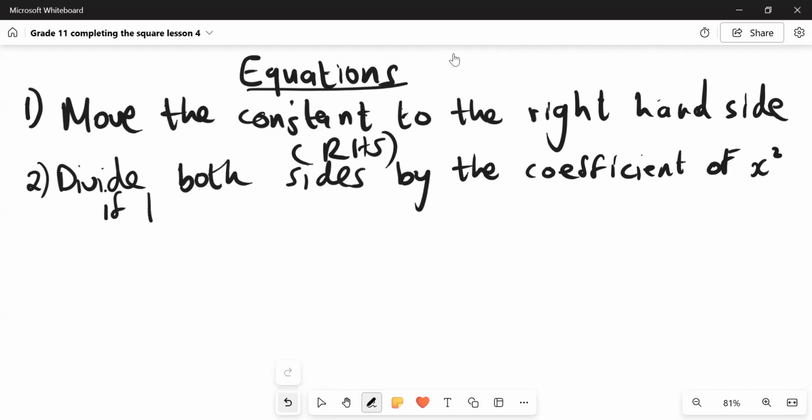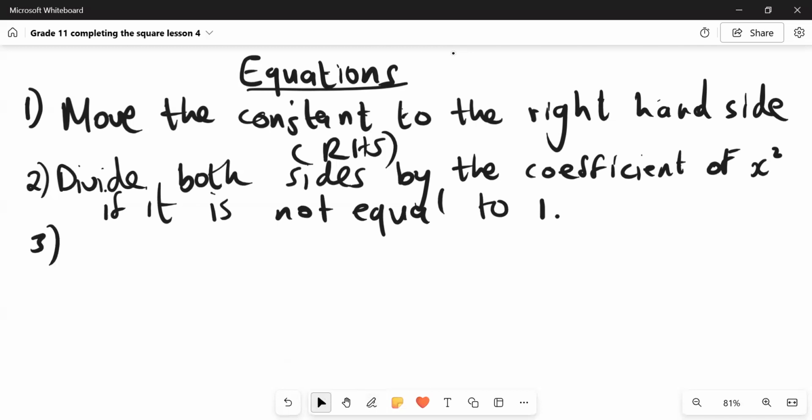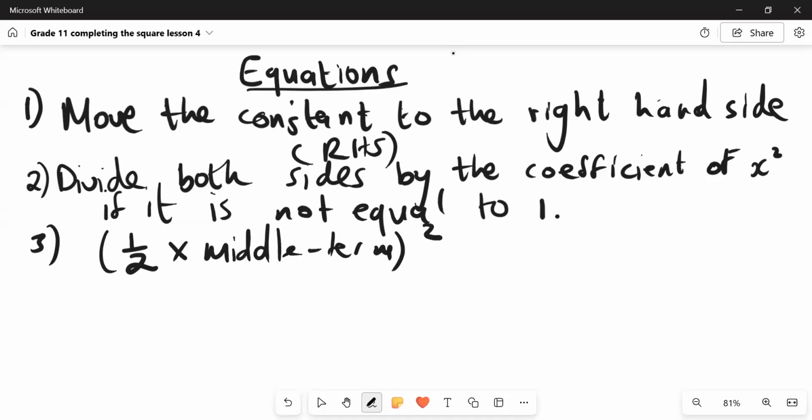If it is not equal to 1. Number 3, obviously now we have to multiply by half the middle term here. By half you multiply the middle term and then you square, right?